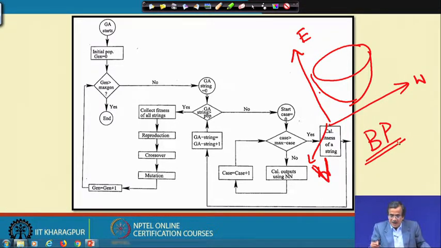On the other hand, supposing that we have a very complicated error function, which is multimodal and has some discontinuity in the error surface. In that case, there is a possibility that this GA evolved network will perform better compared to this type of BP tuned neural network.